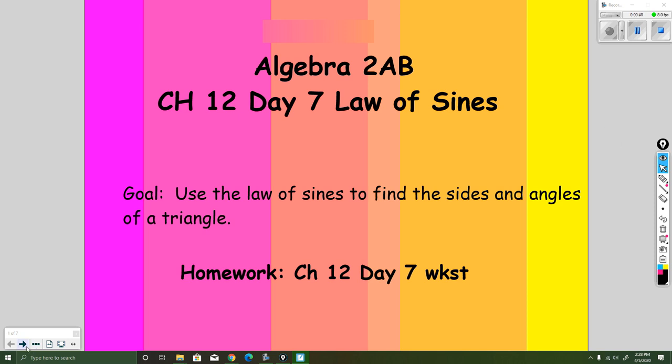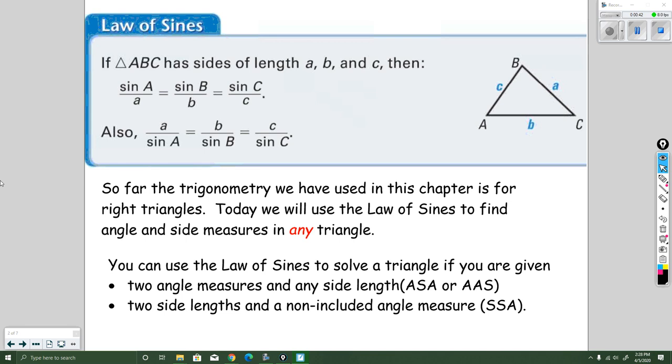All right, so let's move on to the first little slide here. This just outlines what the law of sines is, and really it's just a proportion. It's just using proportions to set two ratios equal to one another.